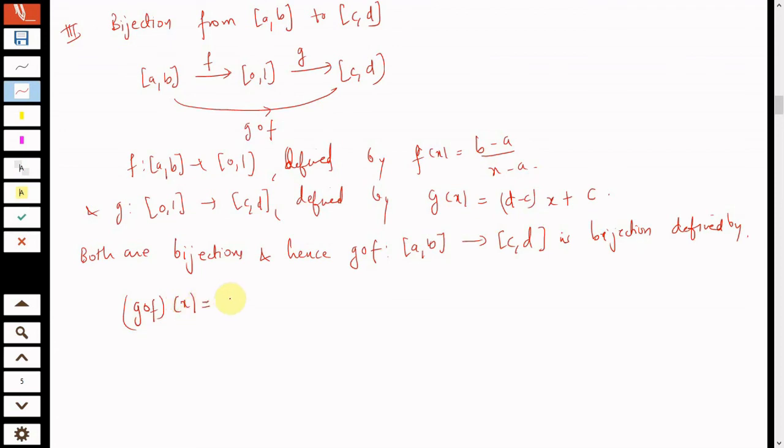So this is defined as g of f of x. That would be same as instead of x I have f of x over here, so d minus c into f of x plus c, that is same as d minus c. F of x is nothing but b minus a upon x minus a plus c, right?